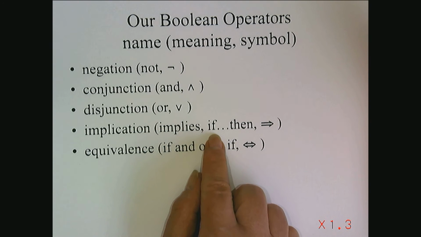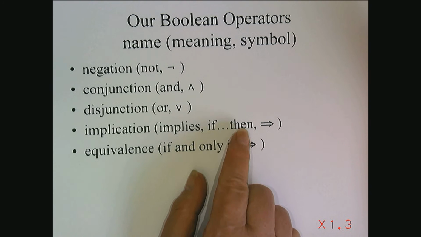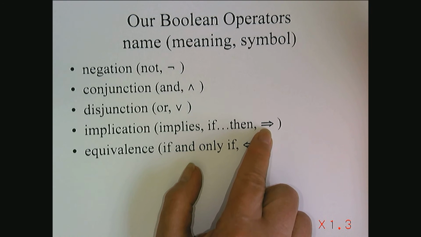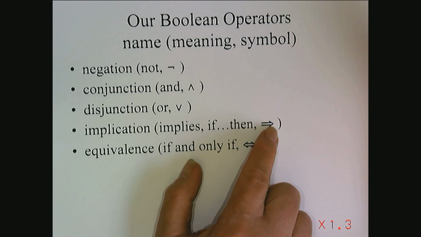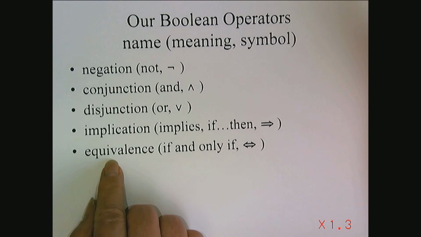Often in English, these are identified by if, then, and an arrow is used to indicate it. It could be an arrow pointing from left to right or from right to left. It means that the arrowed part is the one that's implied. The proposition with the arrow is the implied proposition.